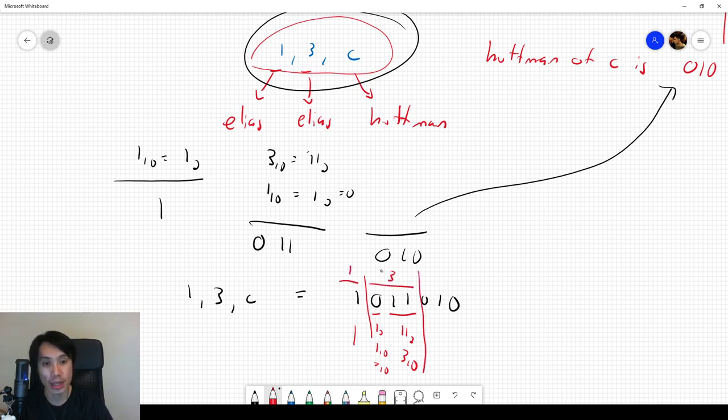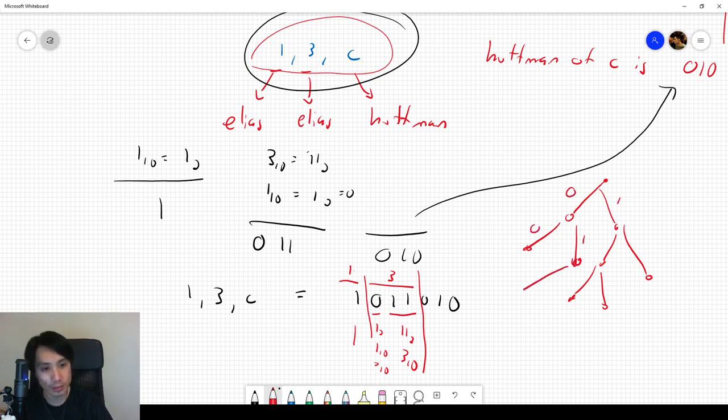Then I slice. After the numbers, the next one is going to be the alphabet. So assume I already have a binary code for my Ahmed, whatever, right? So it will be 0, 1, 0, 1.